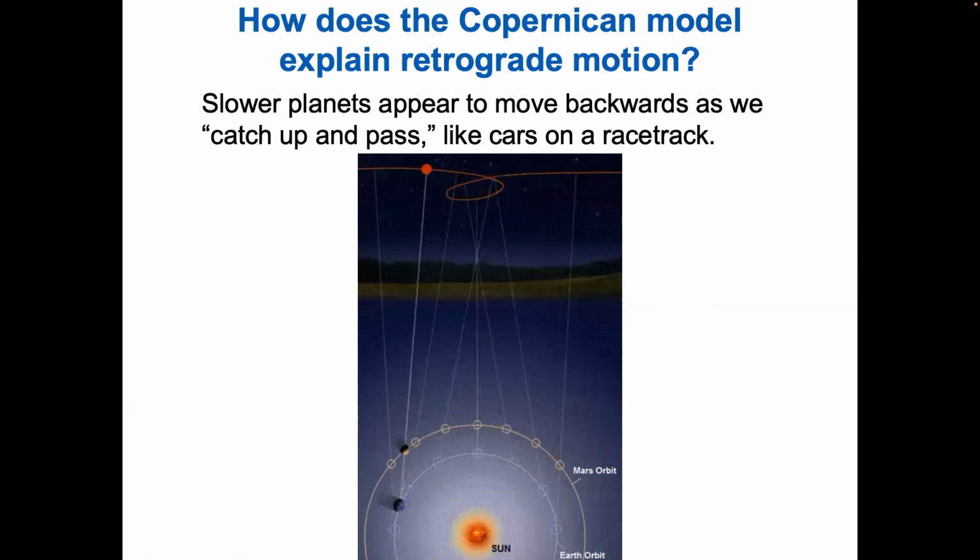When cars are on a racetrack in a turn, they're going to appear to have different motion if you're on one car looking at the other car. So if you're looking from the Earth to Mars, as you pass it, it looks like it's going to do a little loop-de-loop in the sky. And that is what is causing, in the heliocentric model, this retrograde motion.